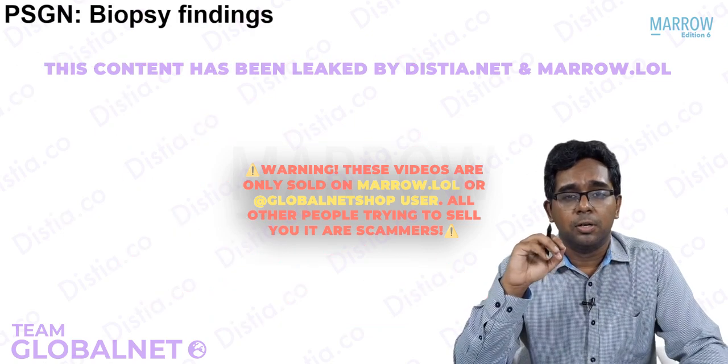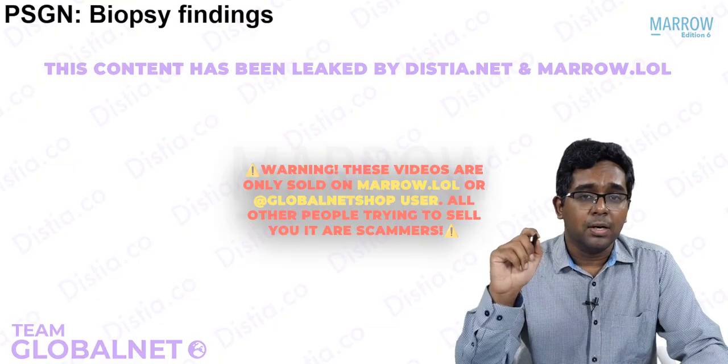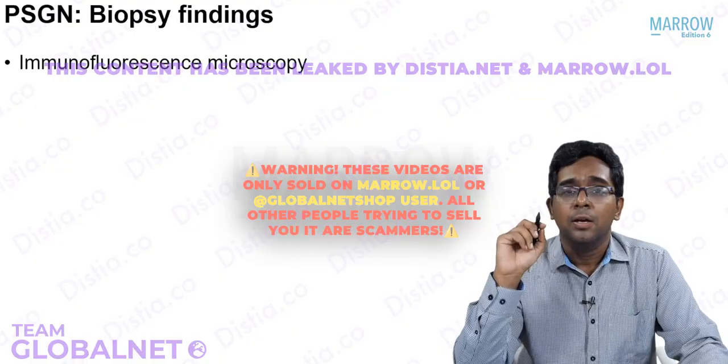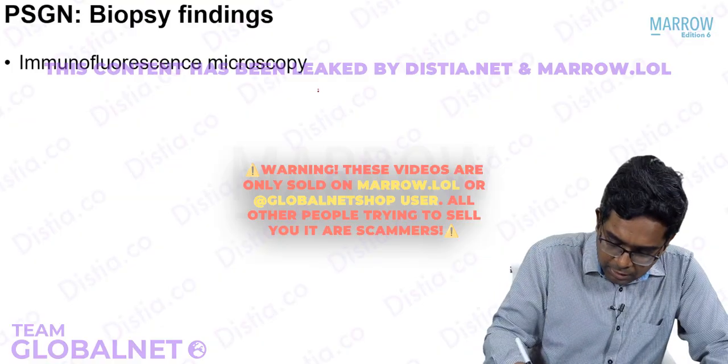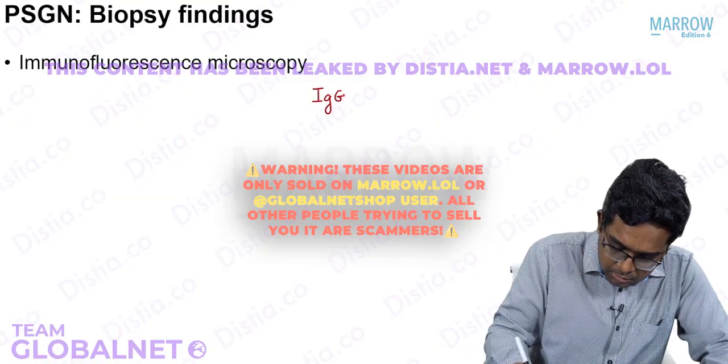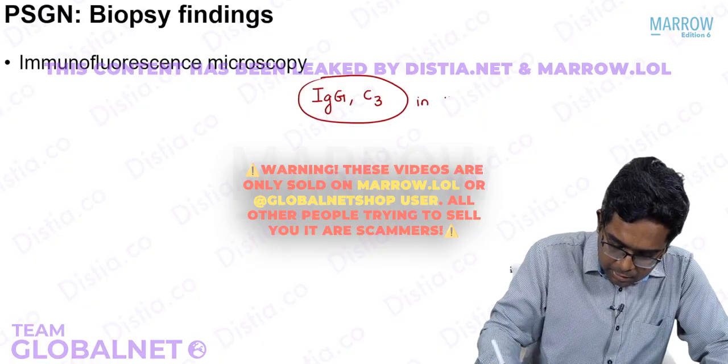And if you do renal biopsy, there are certain characteristic findings. One is seen on the immunofluorescence. In immunofluorescence, you will see deposits of IgG and C3, that is a complement, in the capillary walls.